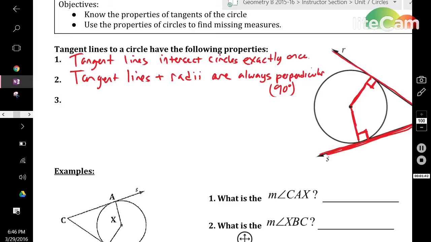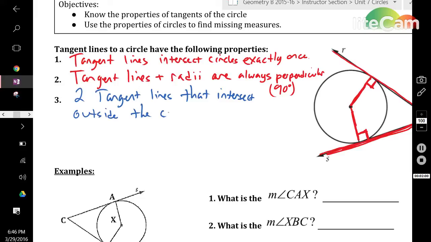The third property is that two tangent lines that intersect outside the circle have congruent lengths.